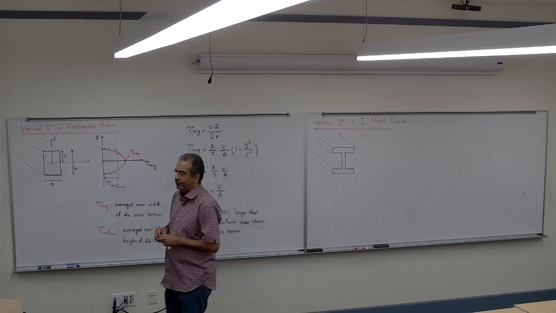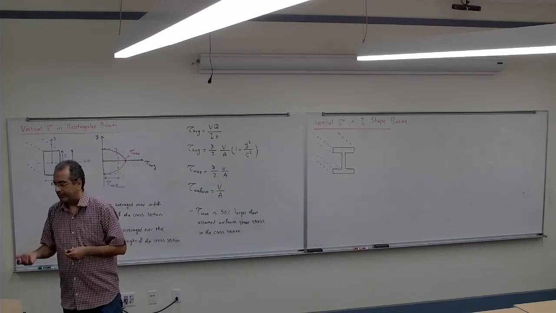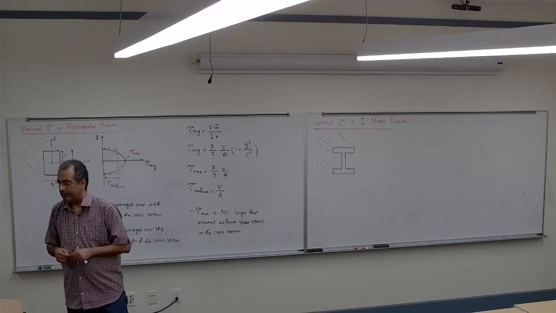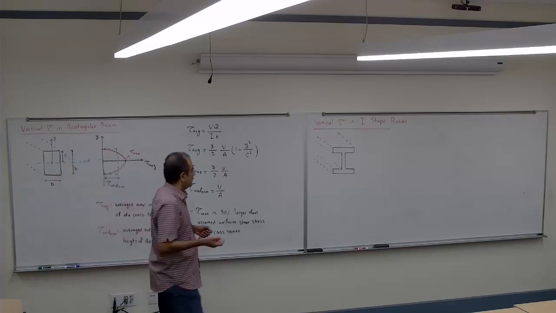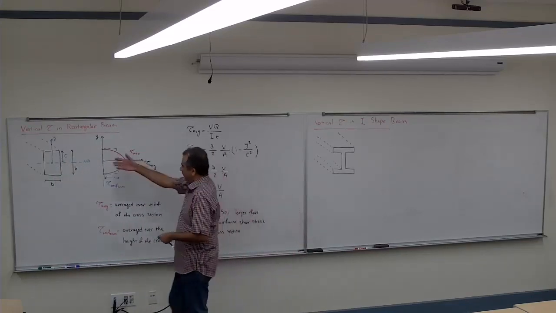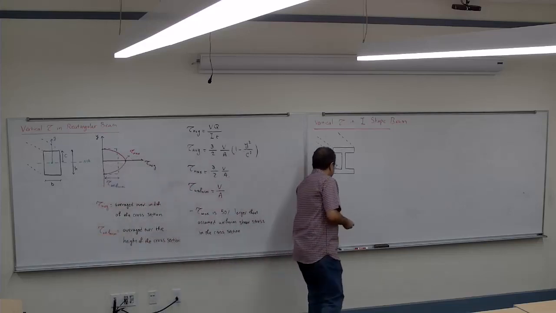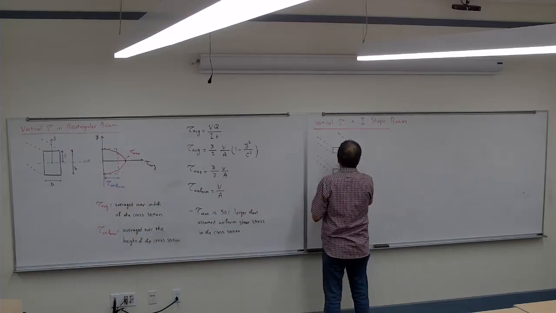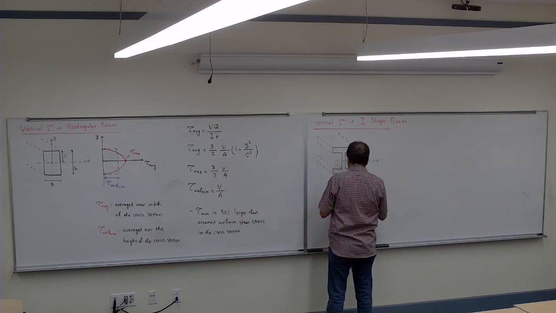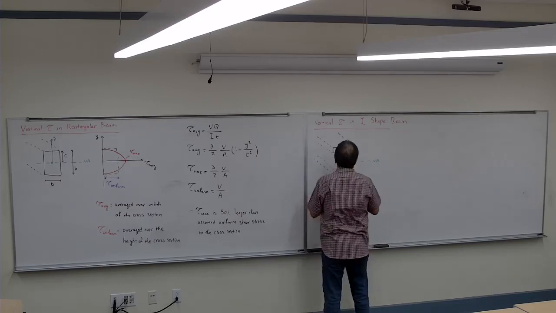And then again, it has the same neutral axis there and the same y. So same thing as there, the neutral axis and y. The neutral axis, and then I have the y going up from there.